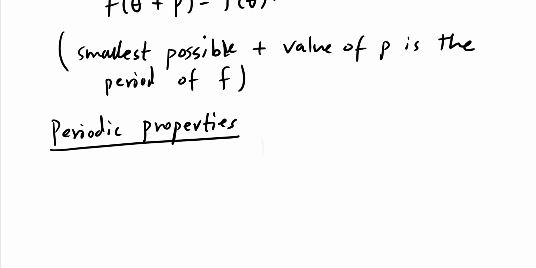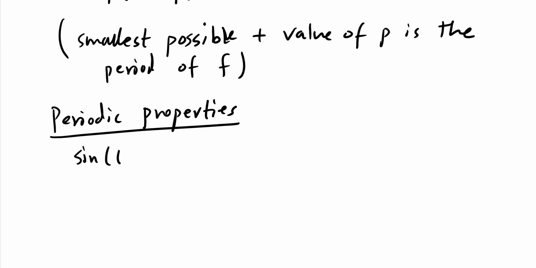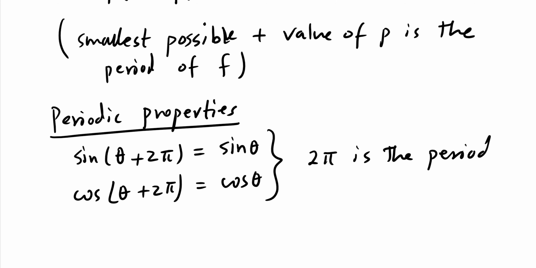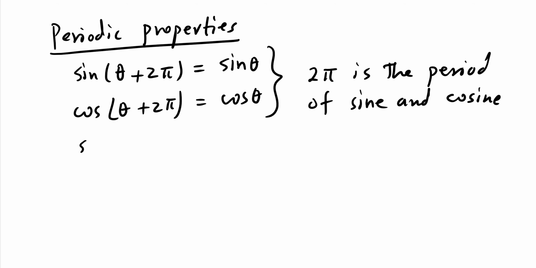What are the periodic properties? Well, we start with sine theta plus 2 pi. Sine, we told you earlier, that's simply sine theta. And that's cosine theta. This tells me that 2 pi is the period of both sine and cosine. Same thing applies for secant and cosecant because they are simply reciprocals.